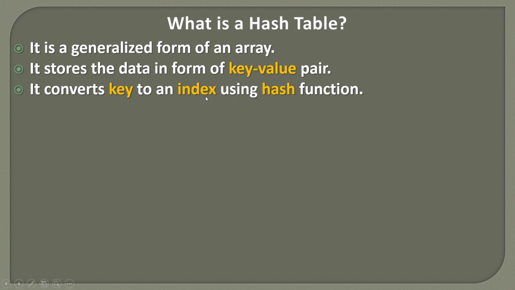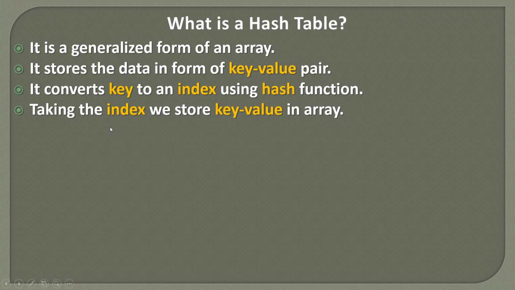This index is nothing but an index of an array where we store our key value pair. This key can be a huge key, but our hash function takes that key and returns a fixed and small value which is nothing but an index of our array.